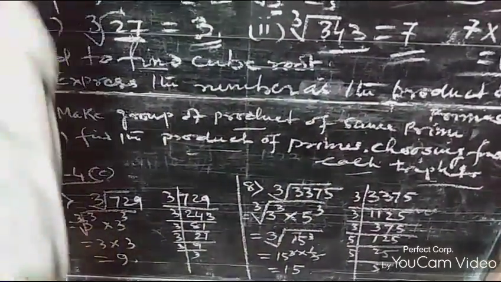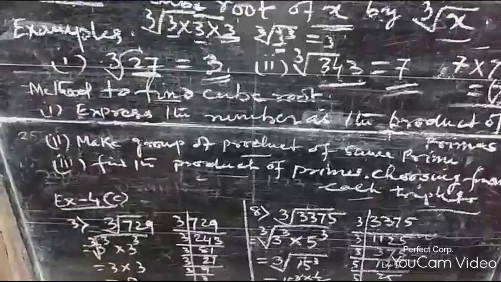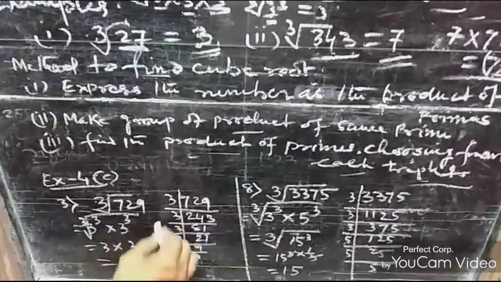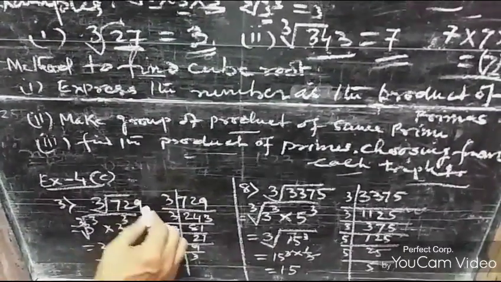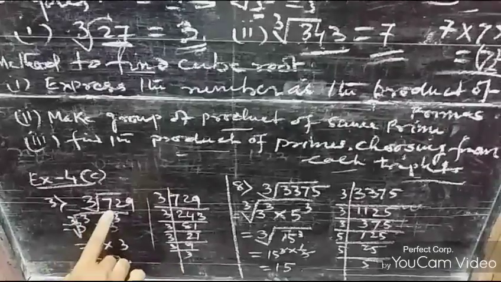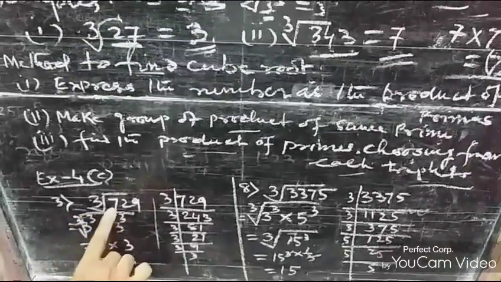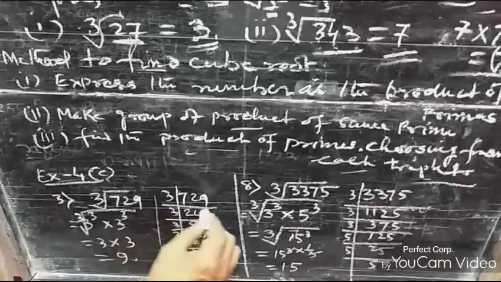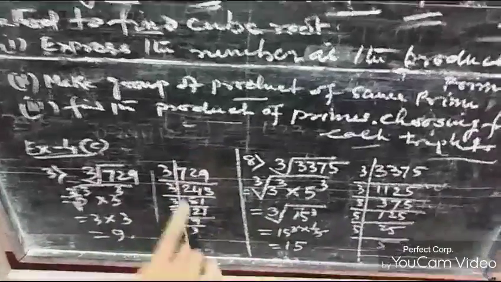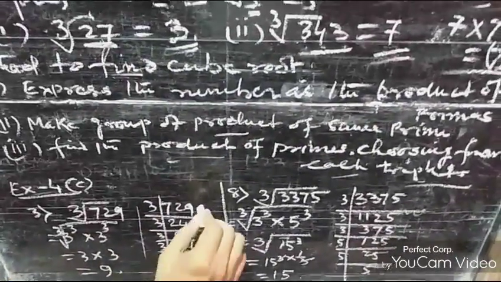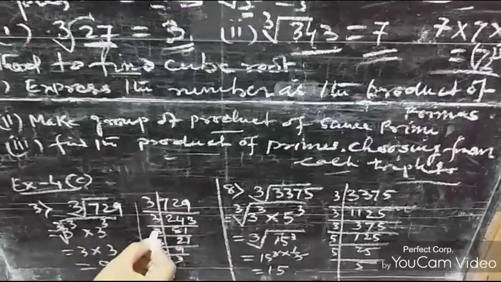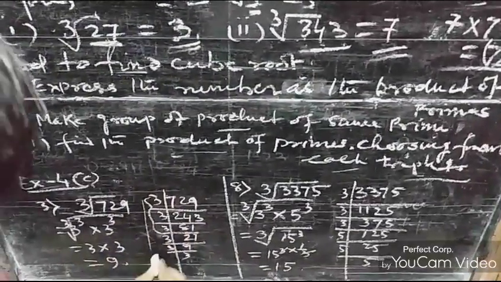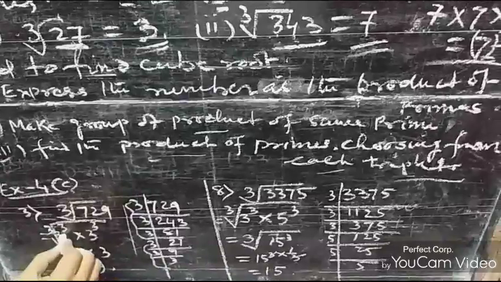Now going to exercise 4C, see number 3, we have already done this one. You have to find the cube root of 729. First you have to find the prime factors of 729. So it has come in 3 groups: this is one triplet and this is another triplet. This is 3 cube into 3 cube.